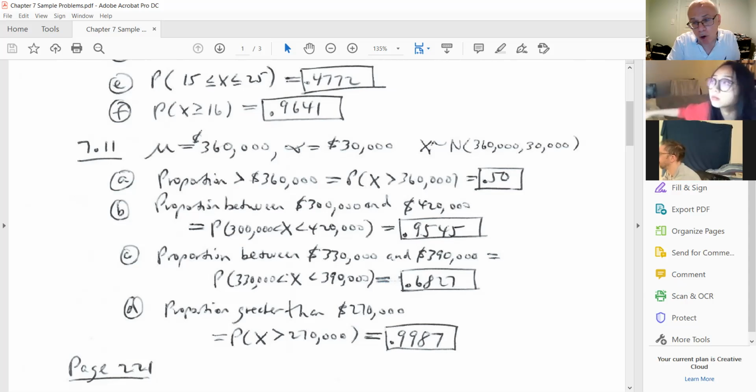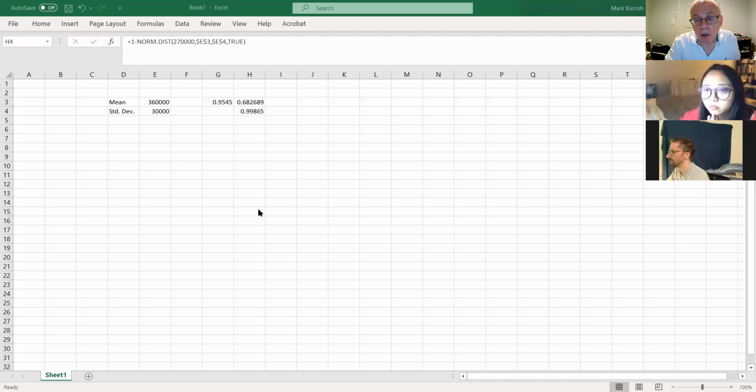Now it says standard normal. What is the mean and standard deviation of a standard normal? Remember? You've got to remember what a standard normal is. It's the z's. Remember? We can convert the x's to z's.